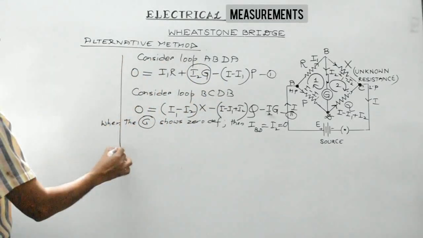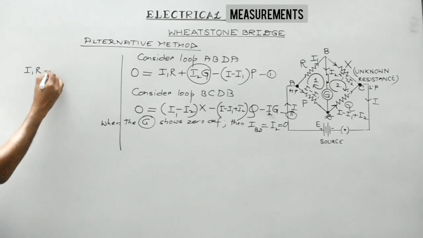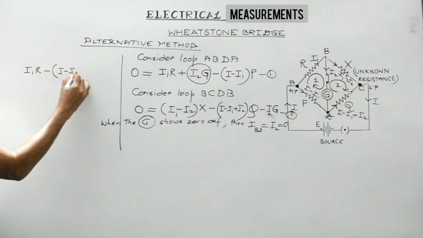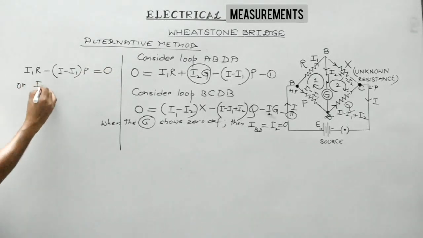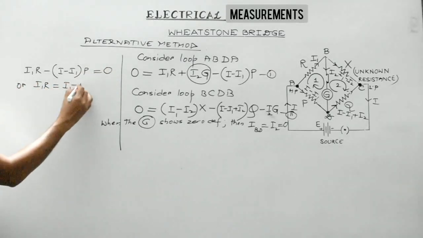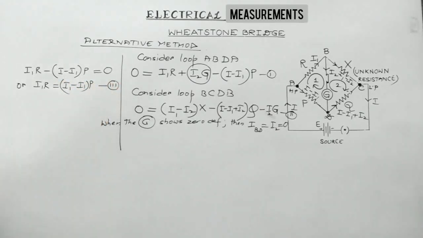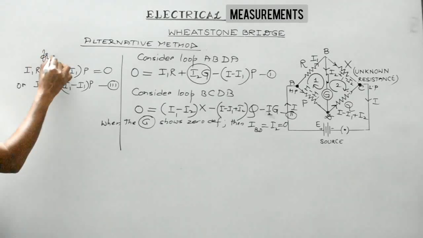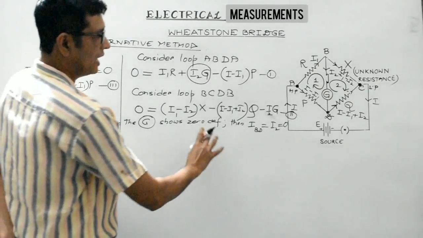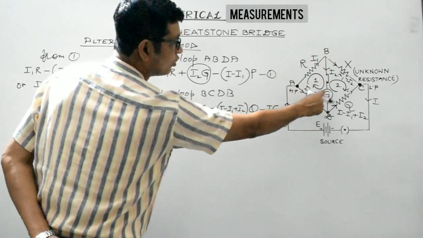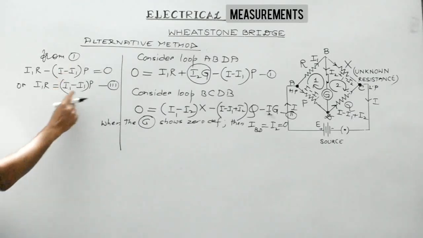So from this equation what you get is I1R minus I minus I1 into P is equal to 0. Or I1R is equal to I minus I1 into P. Put this as equation 3. Correct? This we have obtained from first. In the balanced condition, the galvanometer shows zero deflection. So substitute the value of I2 as 0 over here and we'll get this particular expression.